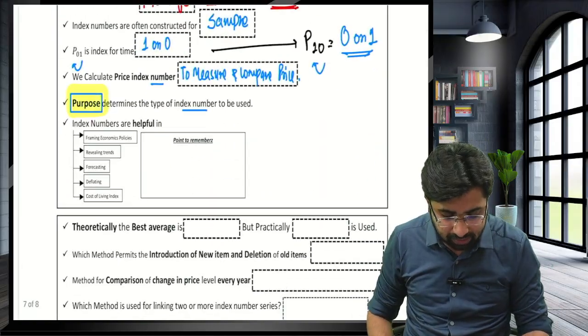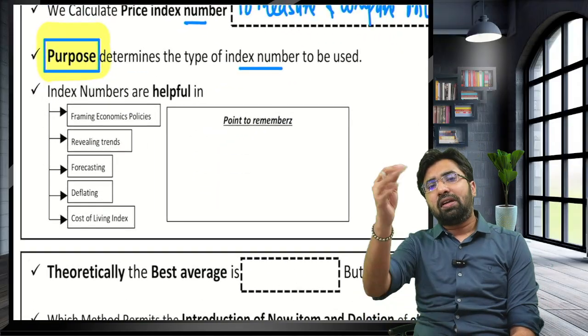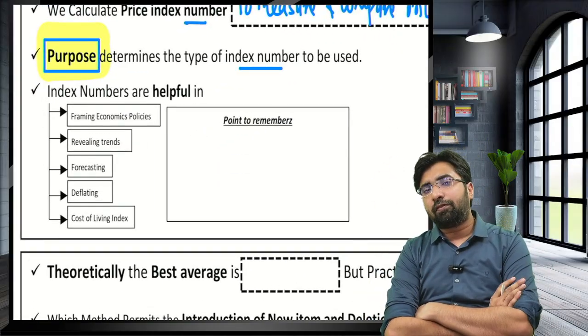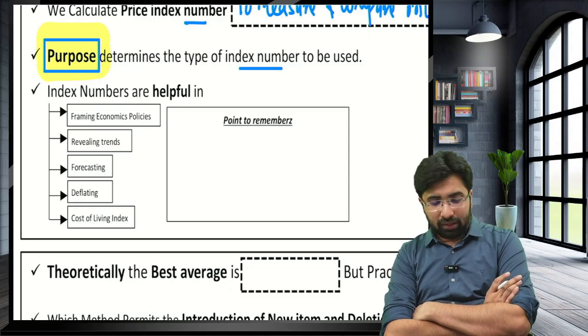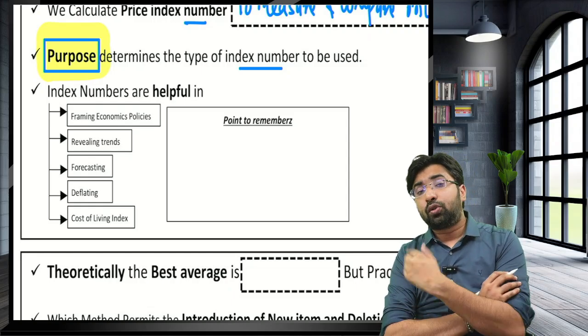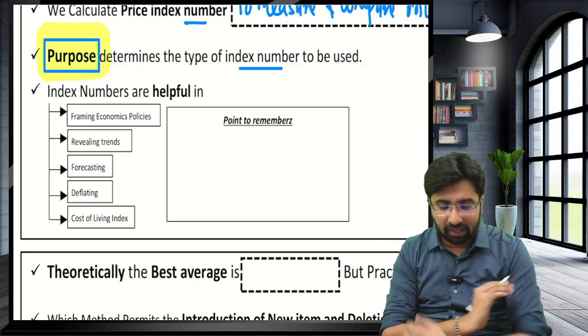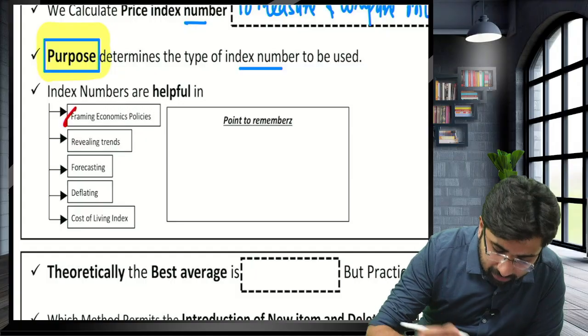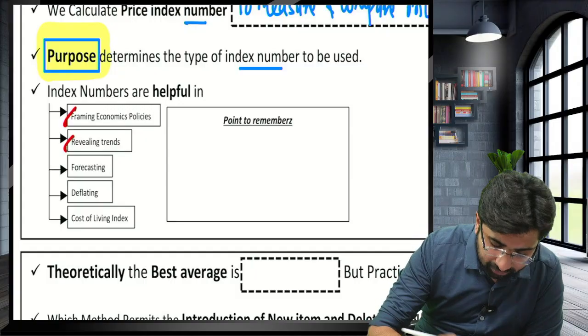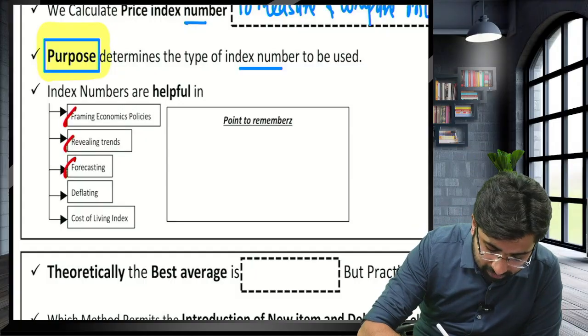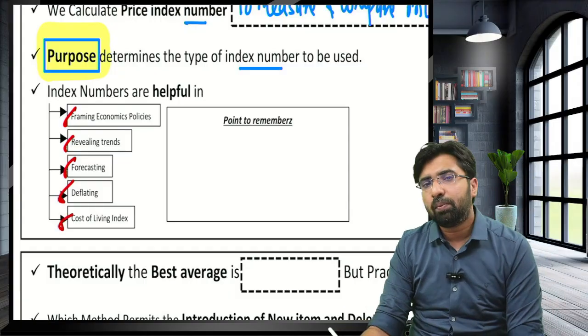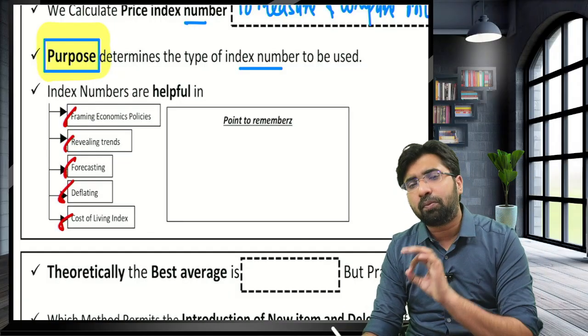Now, guys, they will ask you which one of the following is a usefulness, or benefit, of the index number. They help in decision making, economic policies, revealing trends, forecasting, deflation, cost of living. But what is the point you should remember?